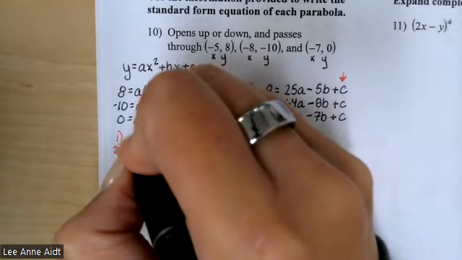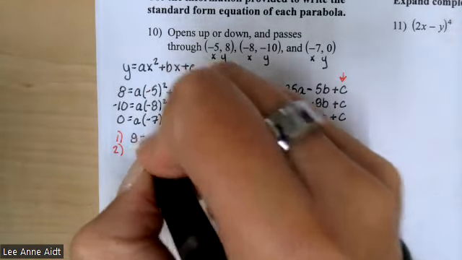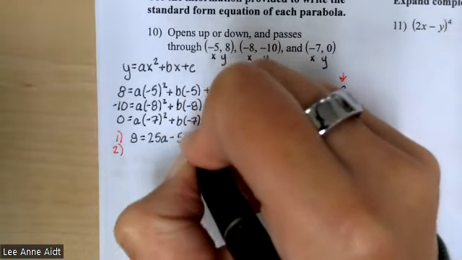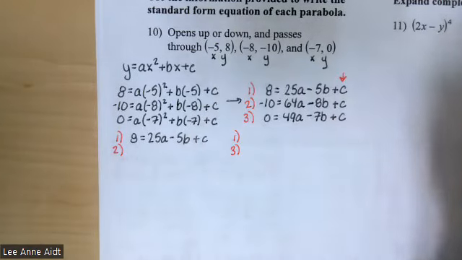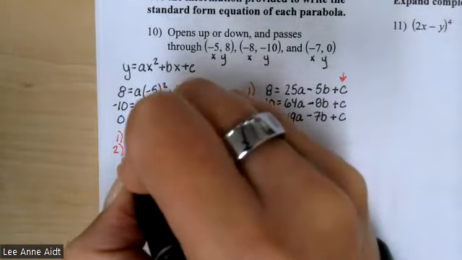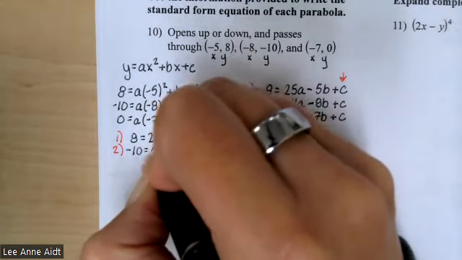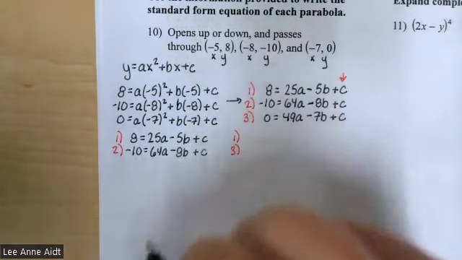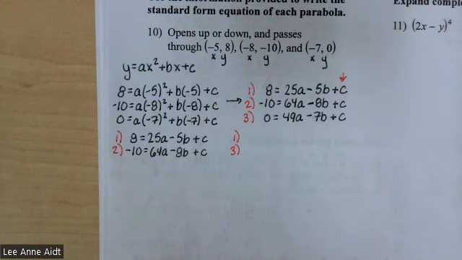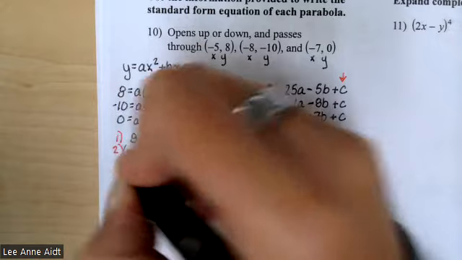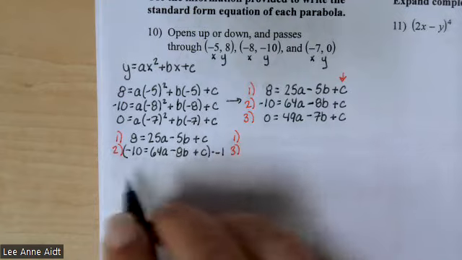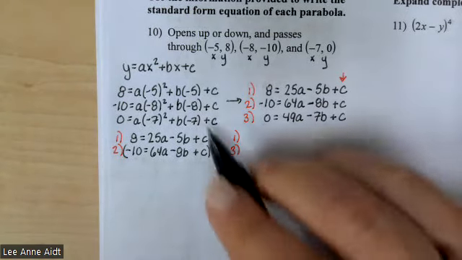So if I could just write it down properly, that would be great. 8 equals 25A minus 5B plus C. Negative 10 equals 64A minus 8B plus C. And in a moment I'm going to multiply that bottom one by -1 so that I can add and cancel the C's out.